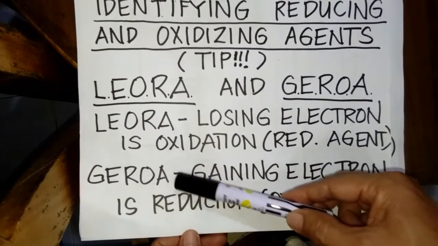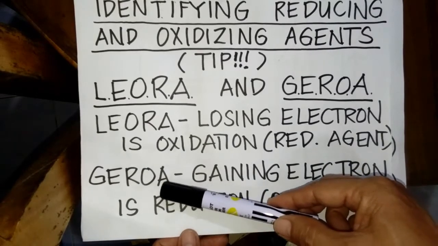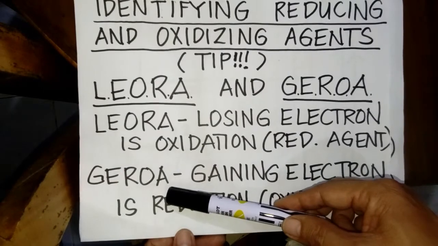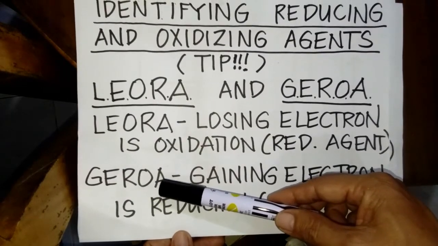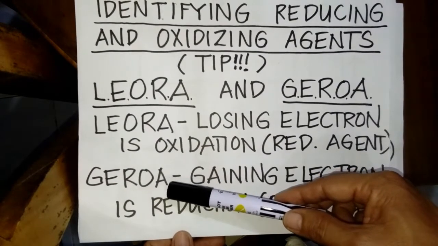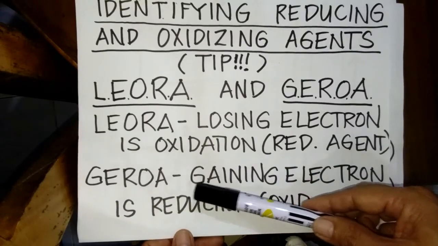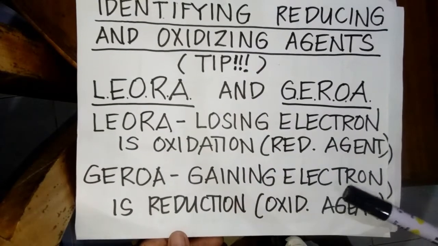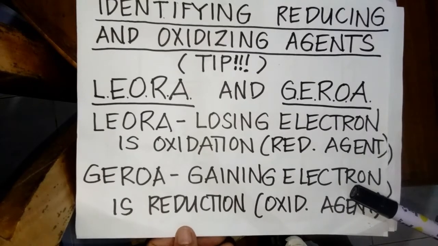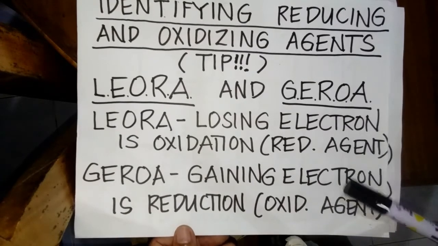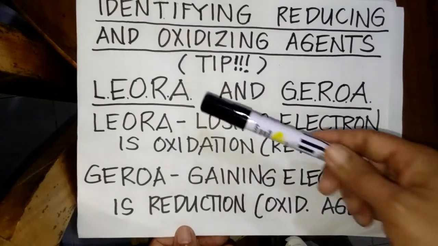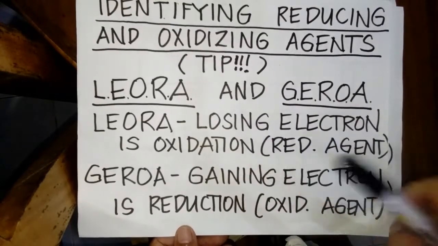This will be now our oxidizing agent in the reactant side. Remember, the oxidizing agent and the reducing agent will never be seen in the product side. We are looking for the oxidizing agent and the reducing agent only in the reactant side.